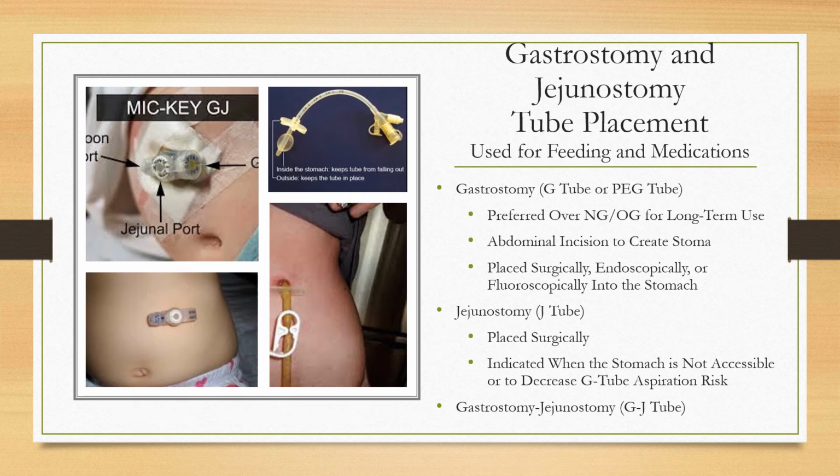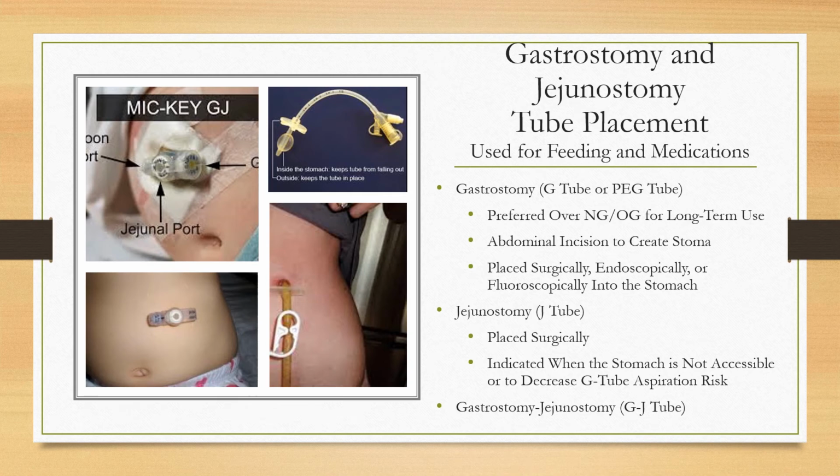So by inserting it lower down into the jejunum, there's less risk of reflux and aspiration. Okay, so remember, these tubes are for long-term administration of nutrition and medications, since NG and OG tubes are really only meant for the short term, days to weeks, typically up to 30 days. And then if a tube is still required, they're converted to a gastrostomy or a jejunostomy.